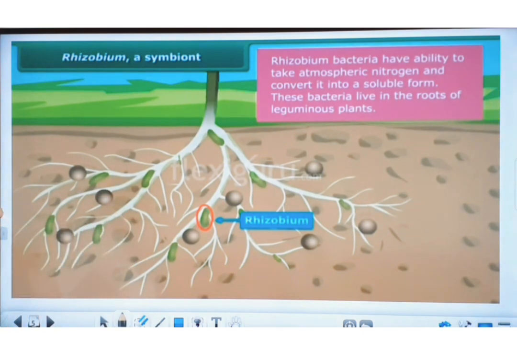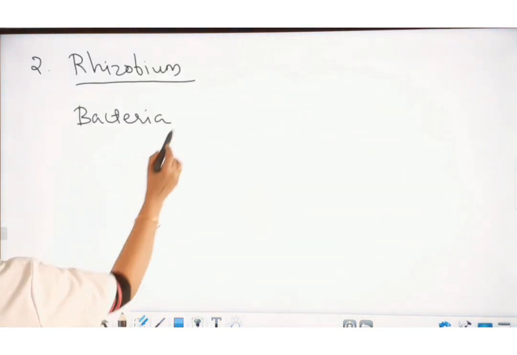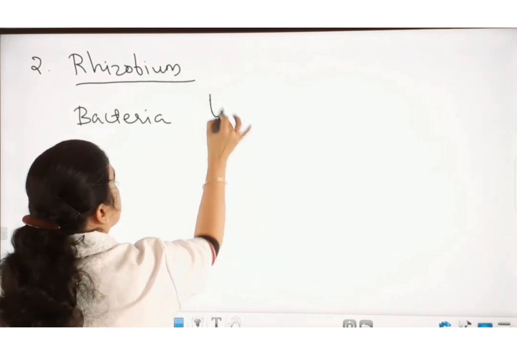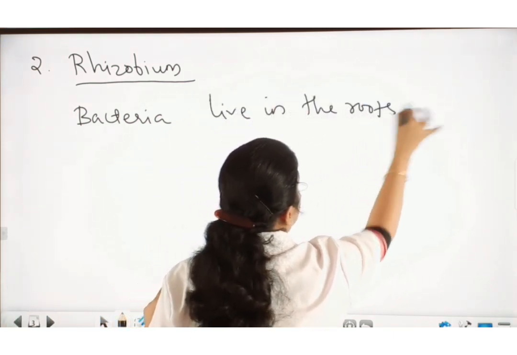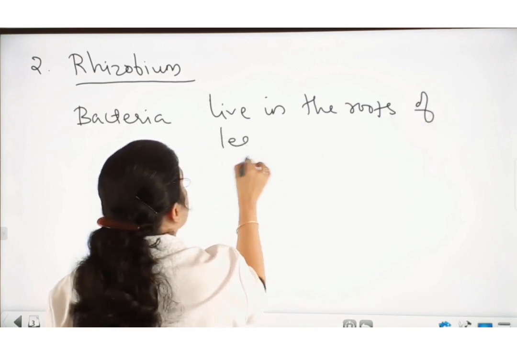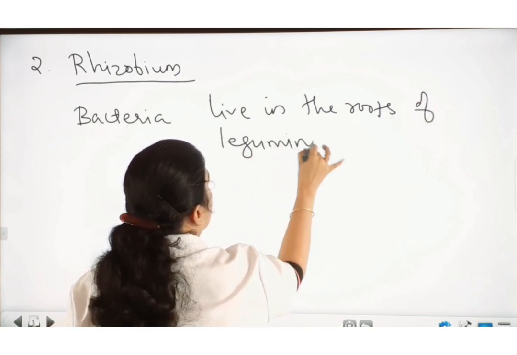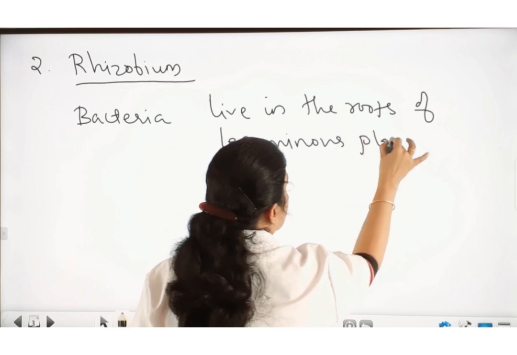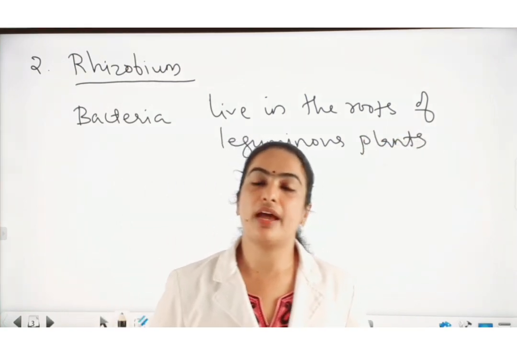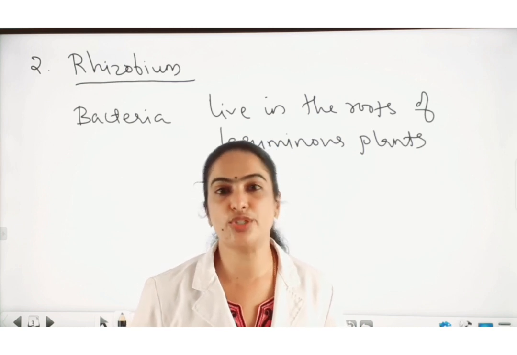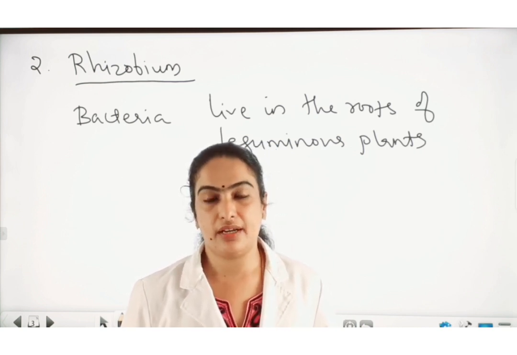So in the roots of leguminous plants, the rhizobium bacteria can grow. Which are the leguminous plants? Here the rhizobium live in the roots of leguminous plants.